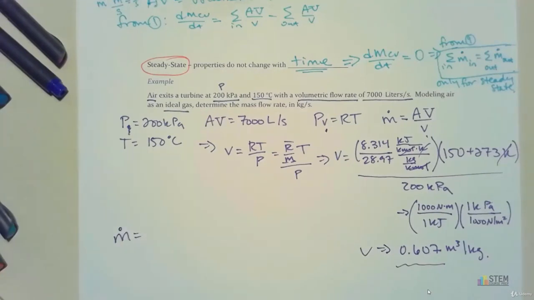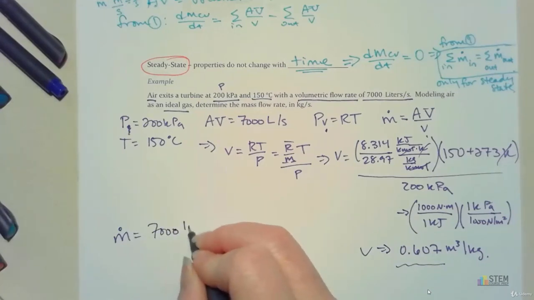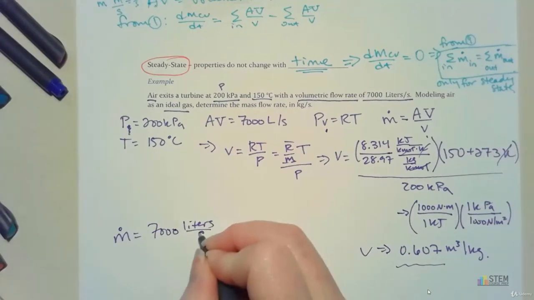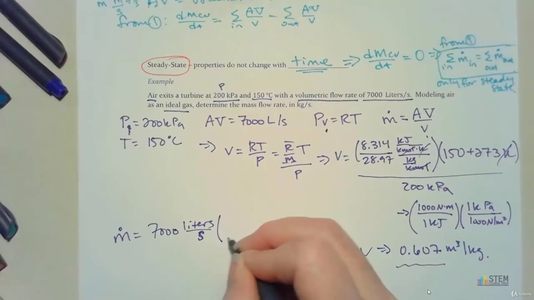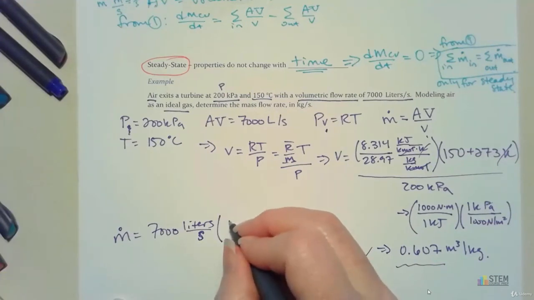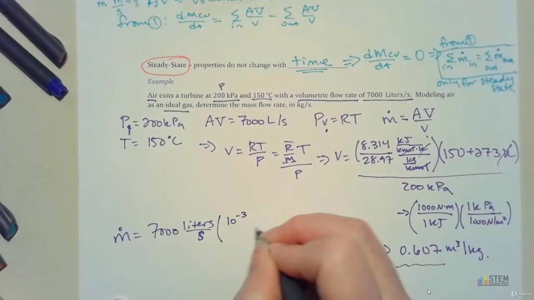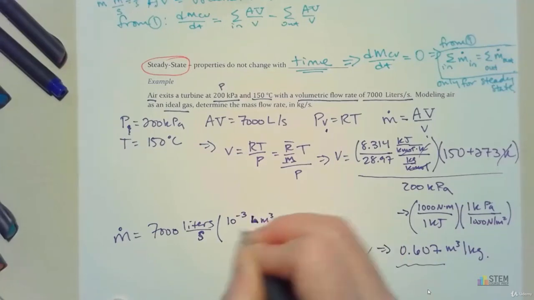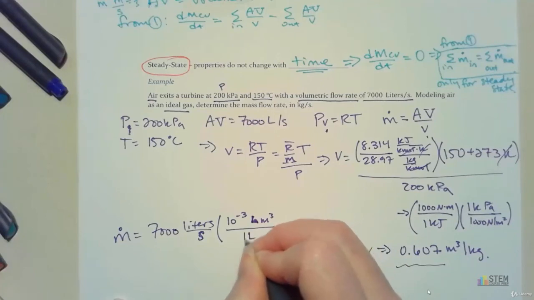So we'll just come over here. Our volumetric flow rate was given as 7,000 liters per second. We obviously don't want to leave things in liters, so we need to convert. And the conversion, we want to go to cubic meters. So there are 10 to the negative 3 cubic meters per liter.